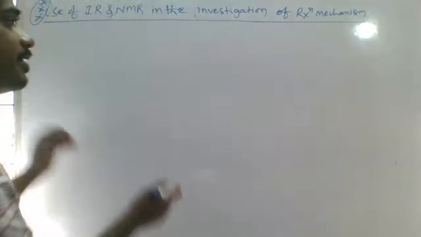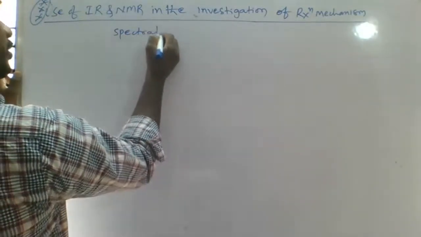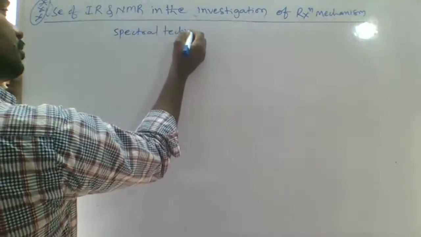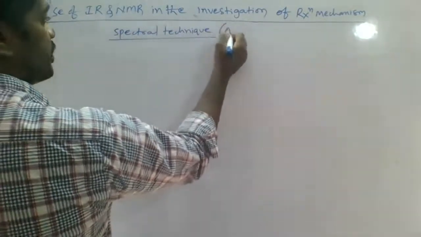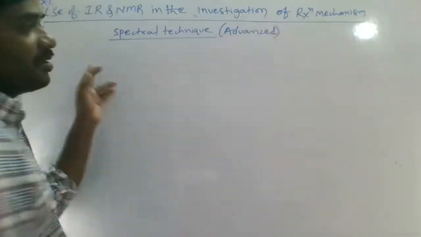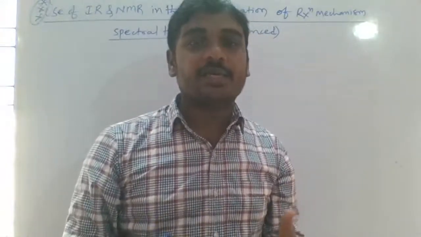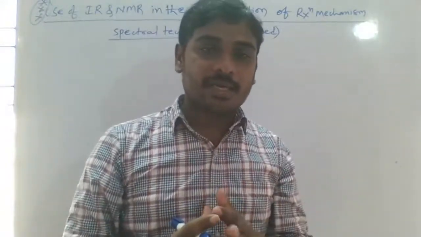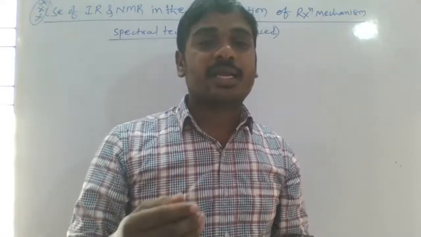This is mainly a spectral technique. It is an advanced one compared to the chemical one. The physical method is easy because after investigation of the intermediate, or after studying the reaction mechanism by using this technique, the sample is recovered back.